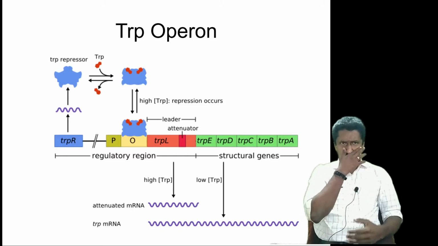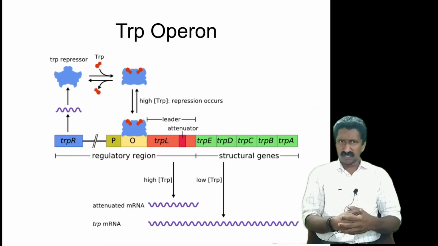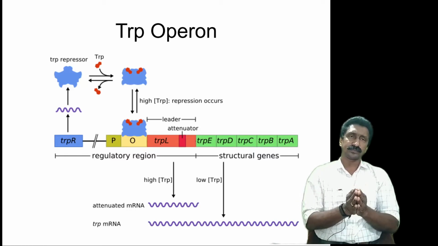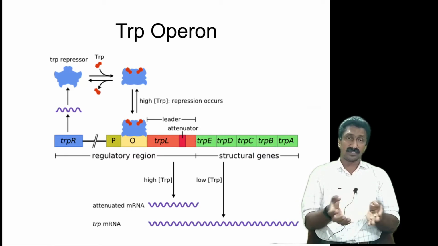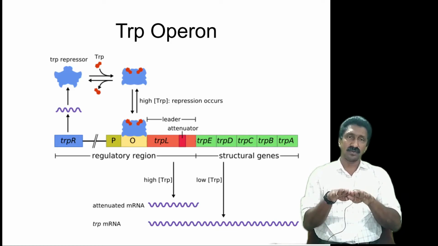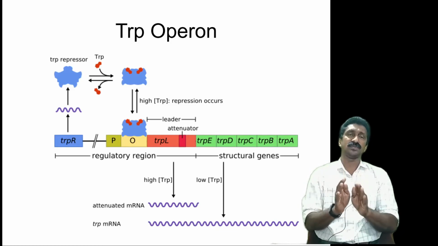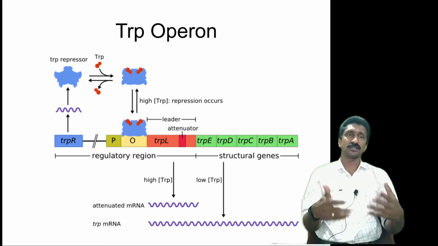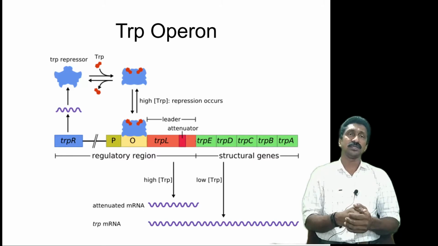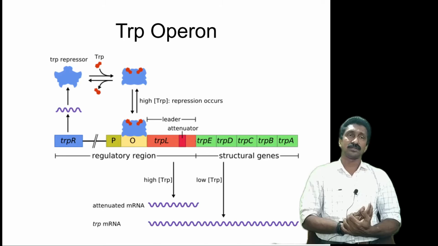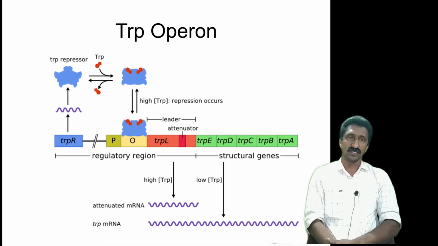If a sufficient quantity of tryptophan is available in the medium, there is no need for its biosynthesis. So the system should recognize that there is no tryptophan or only a low quantity available in the medium, so that it requires biosynthesis using its structural genes, that is trpA, B, C, D and E genes.